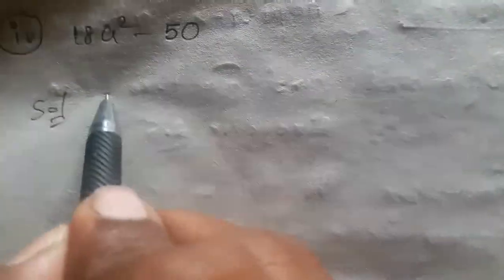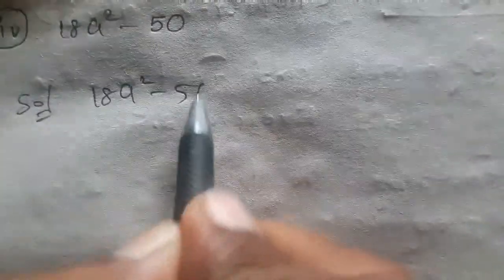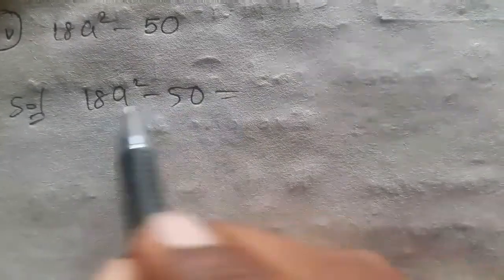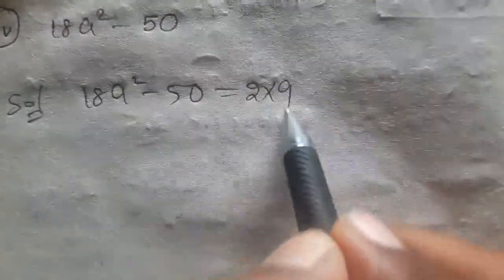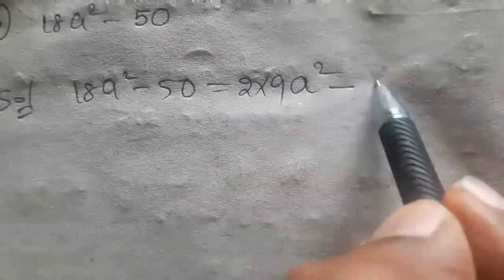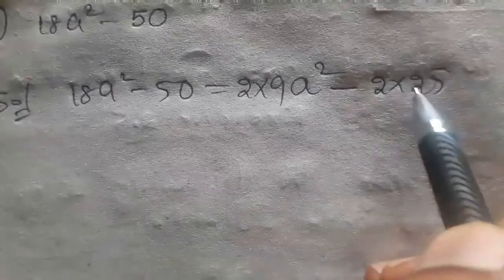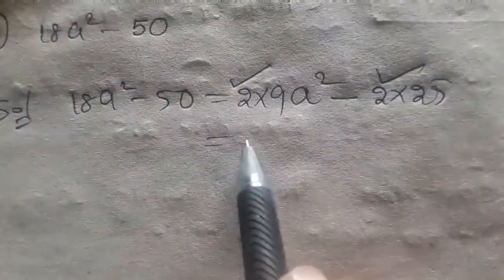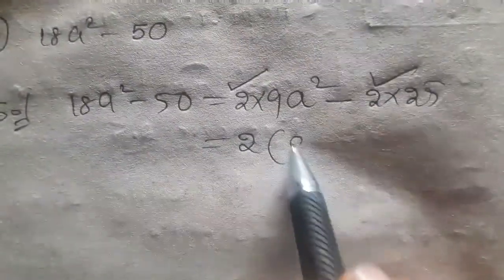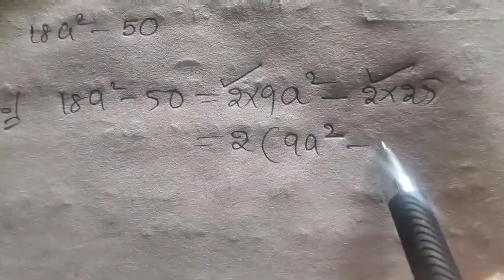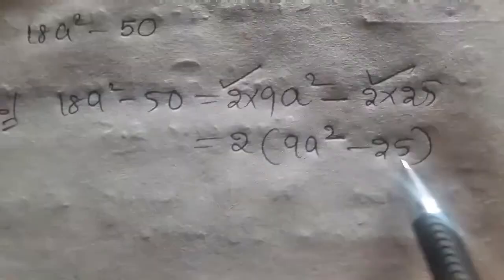See here, what is given? Solution. 18a square minus 50. See here, 2 nines are 18, isn't it? Then a square minus 2 into 25, 25 2s are 50. Now bring this 2 common. That means this becomes 9a square minus 25, isn't it?